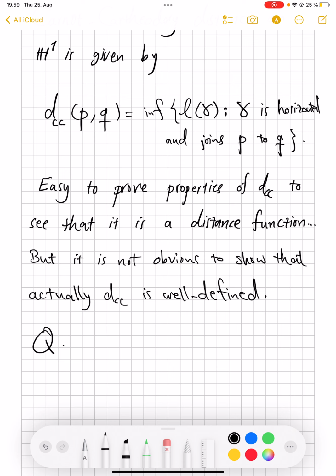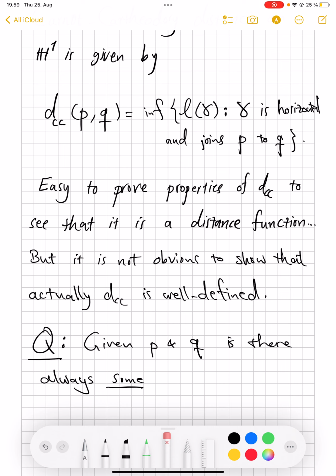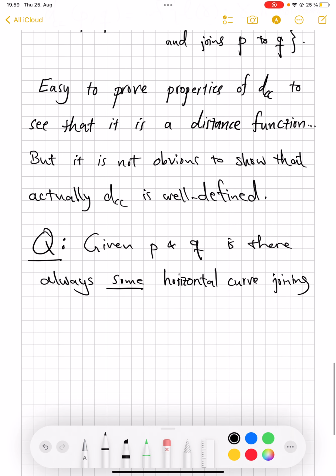So the biggest question will be, given P and Q, is there always at least one horizontal curve joining them? Once you get past this well-definedness, the rest will be easy.